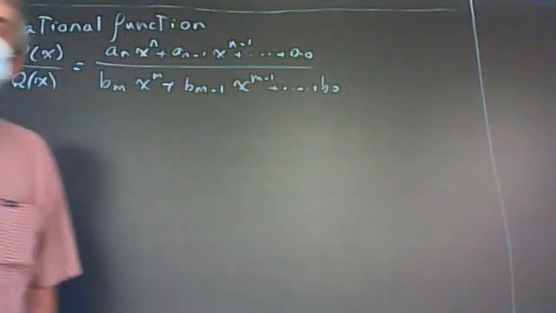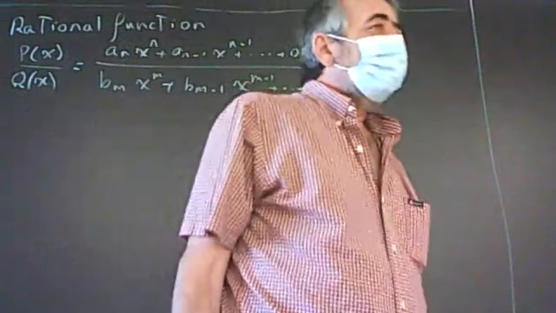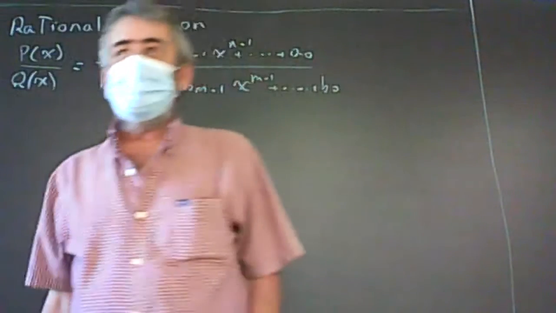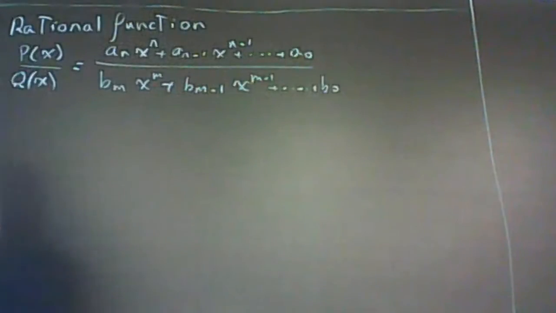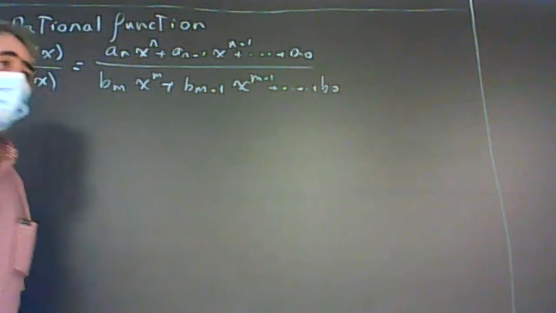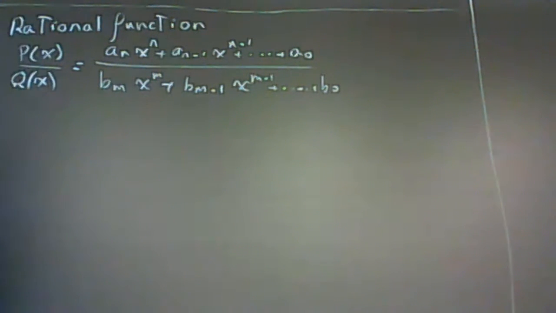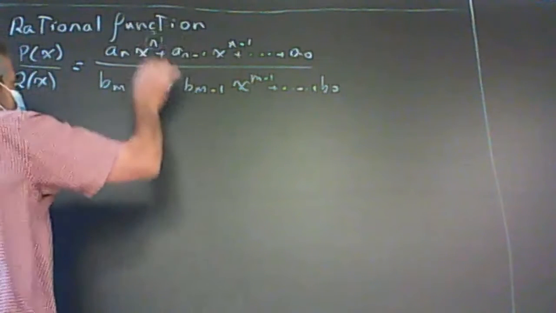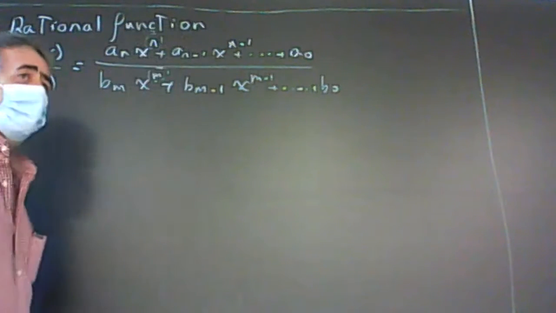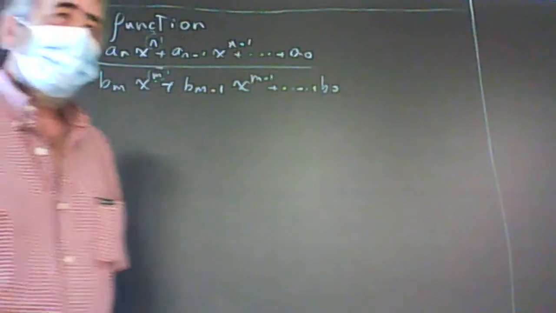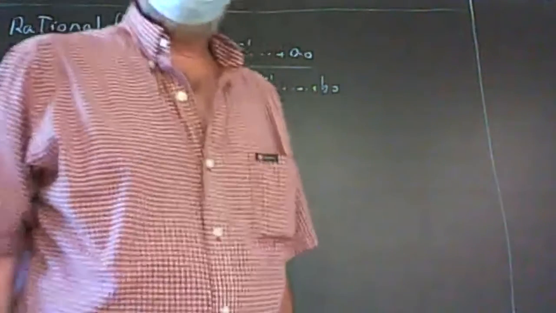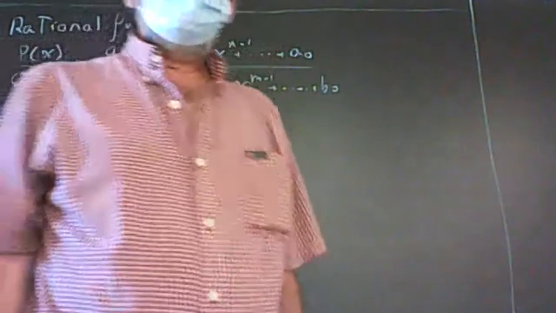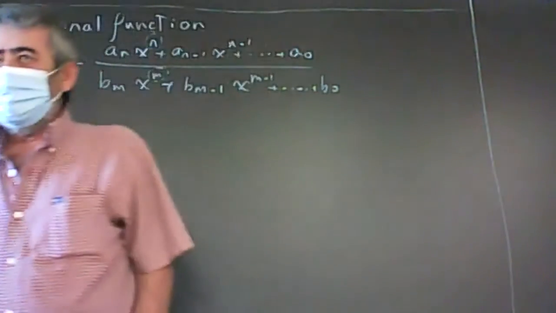The n and m are exponents, and an and bm are coefficients of the variables. Remember, n and m are the highest exponents on those polynomials. We're going to be using those in just a second.